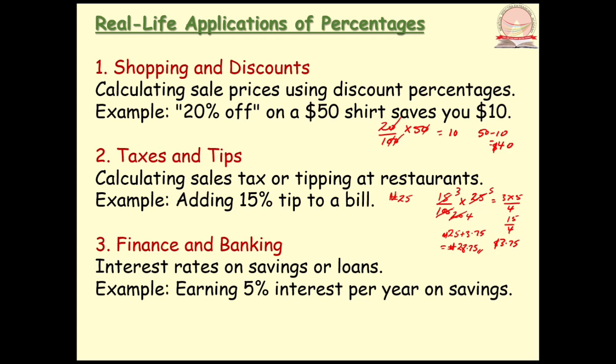The next application of percentage is in banking and finance. Interest rate on saving or loan always comes with an interest depending on the choice of the company, based on the interest they want to add to the amount that you want to save.